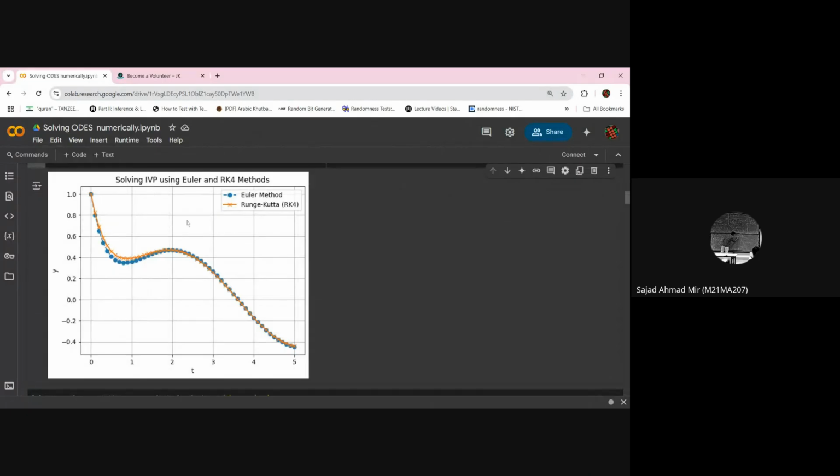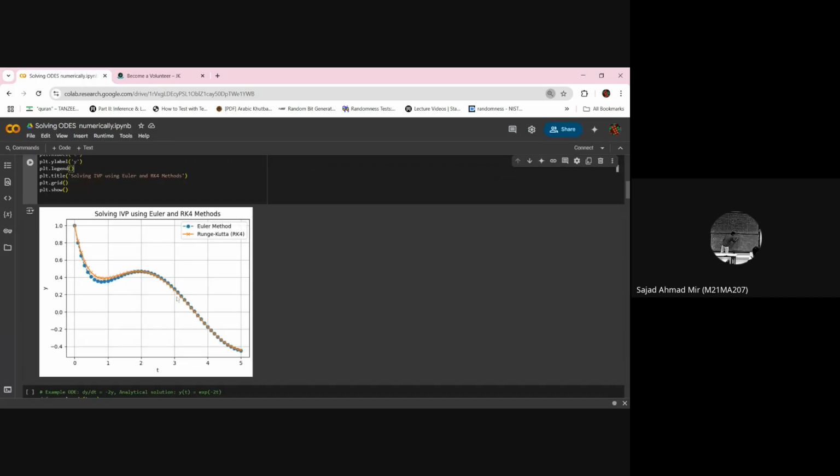You can see how the Euler's method and the RK method solutions differ. At most of the points they coincide, but at some points they give different values. The RK method is better as it has better accuracy compared to your Euler method. RK4 is better compared to Euler's method, which is just the RK1 method, as I showed you.